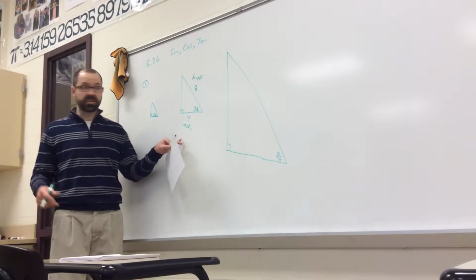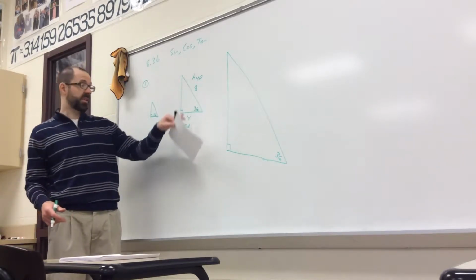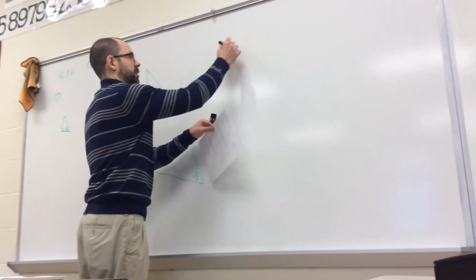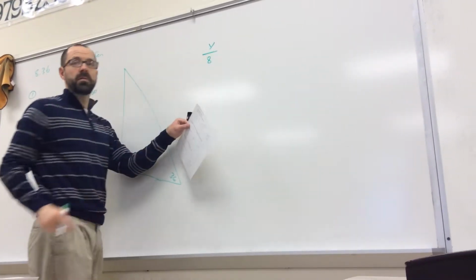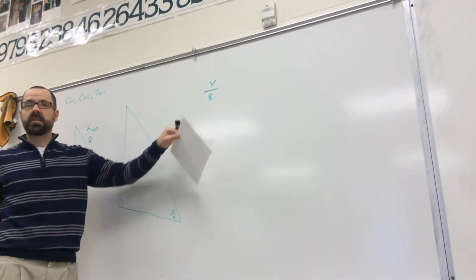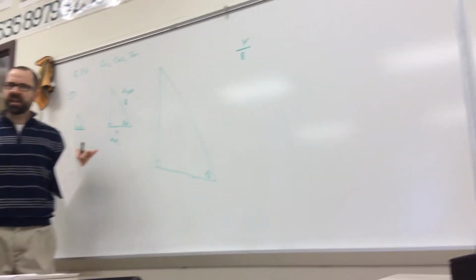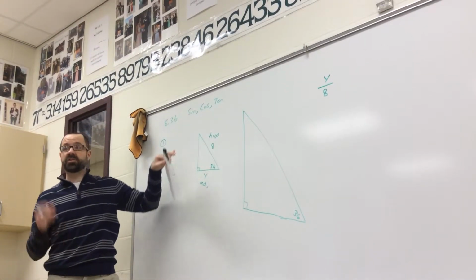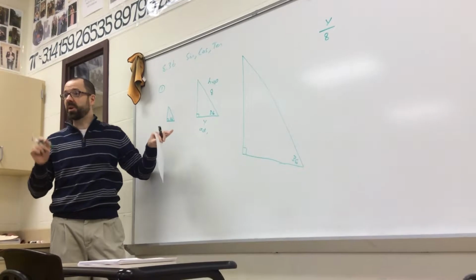Okay, so we're going to make the fraction adjacent over hypotenuse. So that's y over 8. And then, going back to yesterday, which of these is adjacent on top and hypotenuse on the bottom?